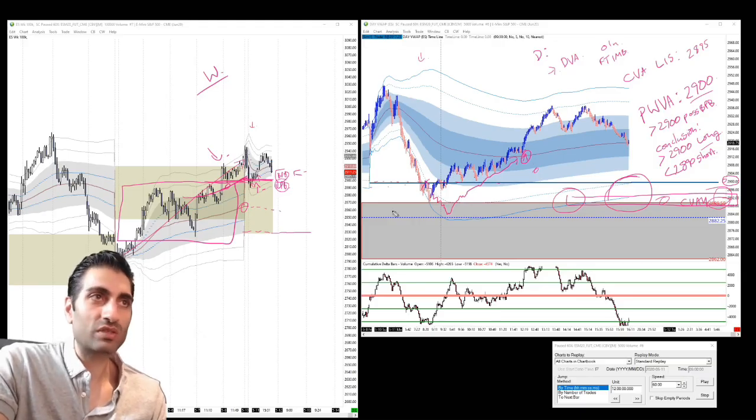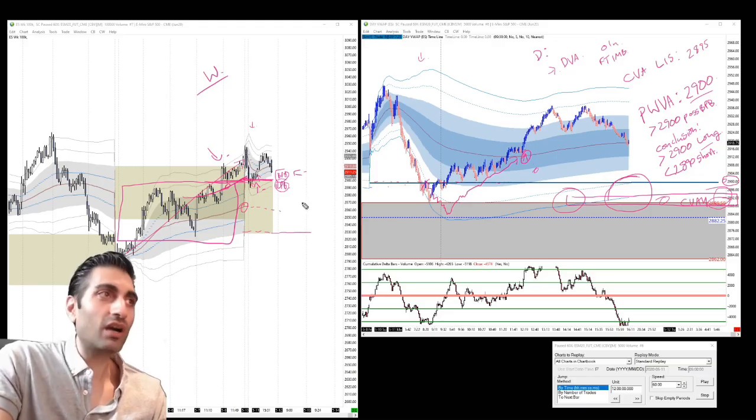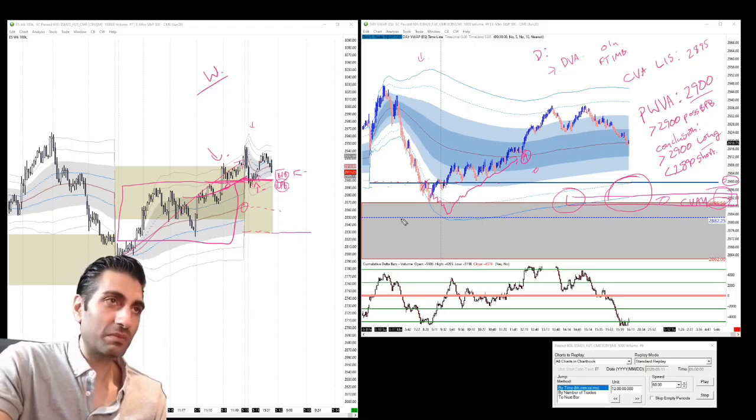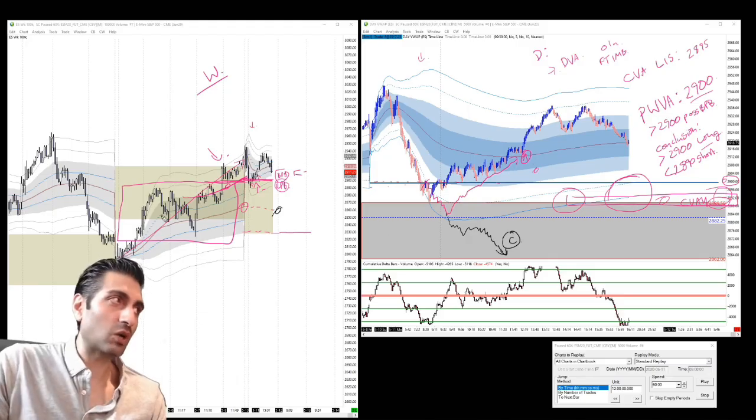Given this extra piece of information, if you're long biased, I would be quite strongly long biased in this scenario, unless, and therefore it's going to be my C hypo. This would be my C hypo: for this to build value down here, and then we can start to test this 2860 down here. So that would be my C hypo, but I would still prefer to be long.